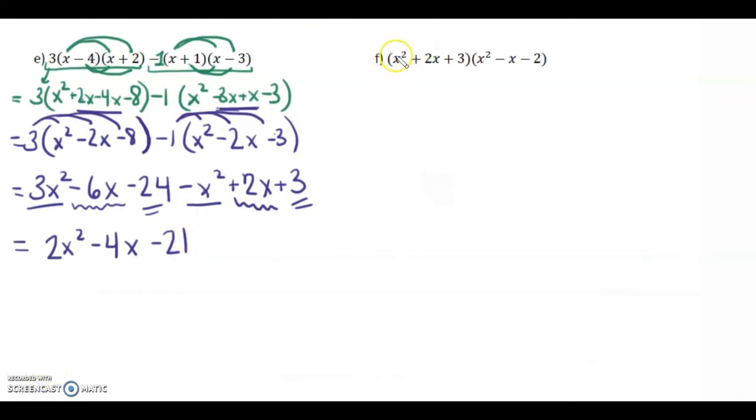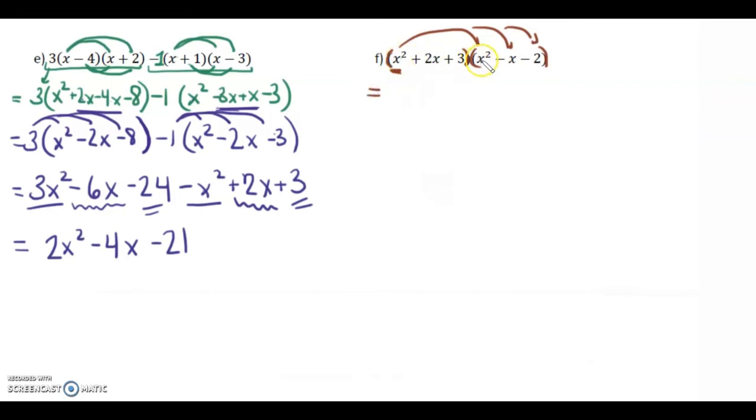Okay, F is a little bit different. We have two trinomials here, okay? But it's the exact same pattern. And if we had a 4-term polynomial, 5-term polynomial, it's going to act the exact same. We always start with the first term, x squared, and we distribute it into every term in the second bracket.